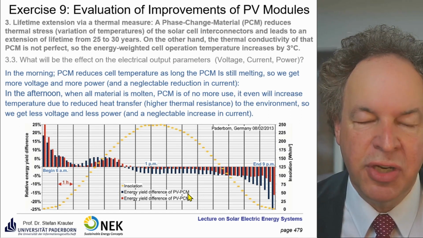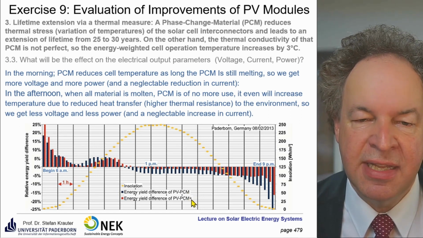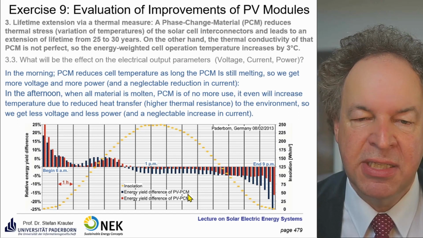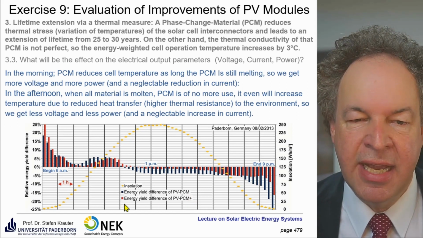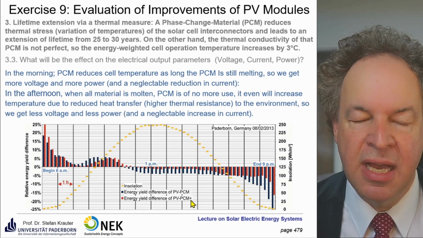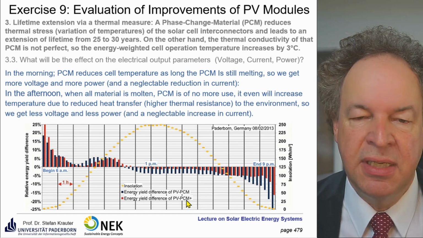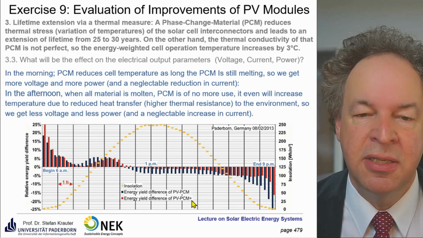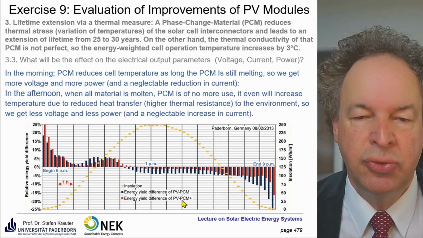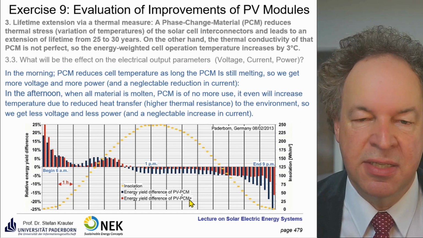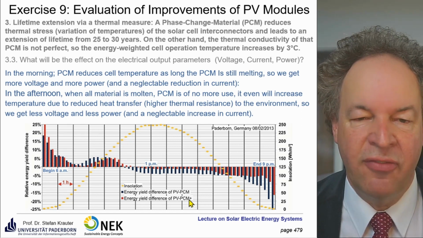We used two different kinds of PCM material in that example: standard PCM material and a material called PCM Plus, indicated by red color. That means we put some additional additive in the PCM that increases the thermal conductivity of the PCM material in order to reduce thermal resistance, which is especially relevant in the afternoon.